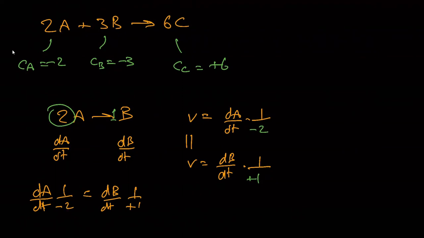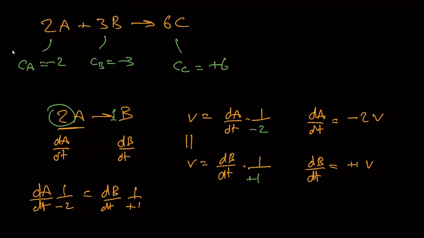Might be worth writing it out in this way. Let's rearrange it. So I get dA by dt equals minus 2v, and dB by dt equals plus 1v. So you notice immediately that dA by dt is twice the rate of dB by dt. That makes sense.